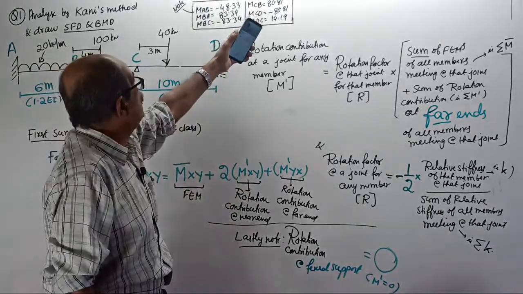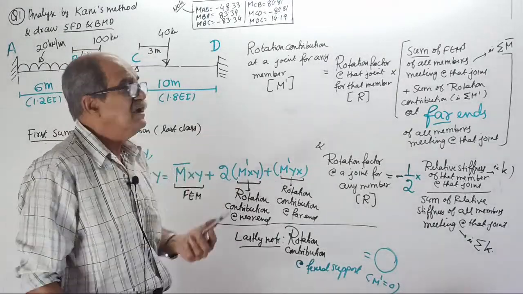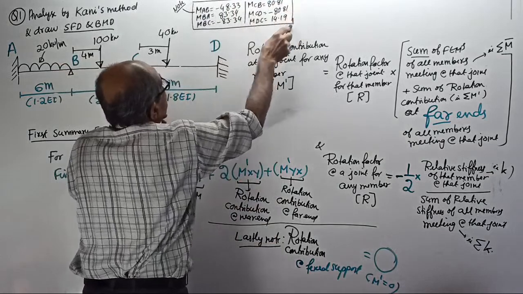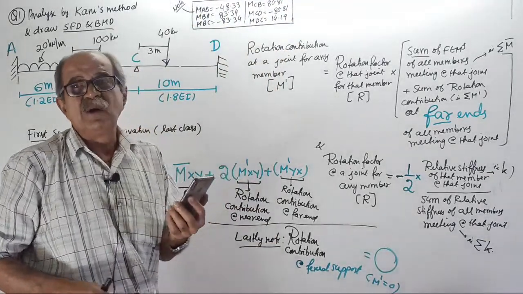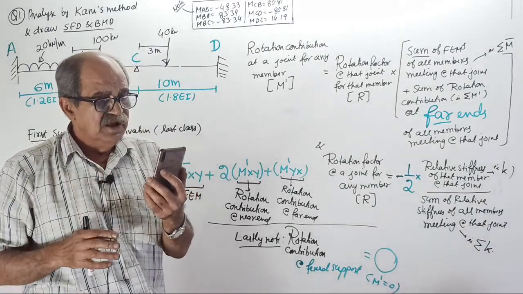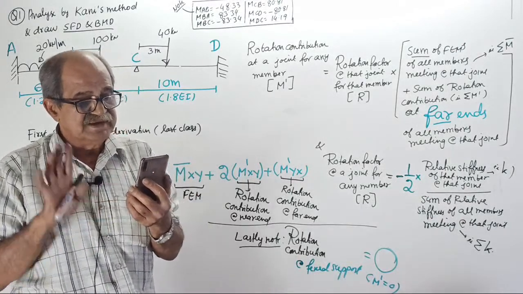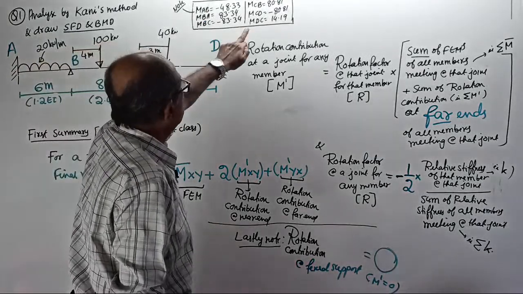MAB, MBA, units annotated: kilonewton meter, clockwise positive as usual. Tell me, this result we got by the SD and MD method, is it correct? You are taking a lot of time for commenting. If you do it this way, it is difficult to take the class. First tell me, correct or not? Yes, correct. Okay. Therefore, today we are bound to get the same answer.